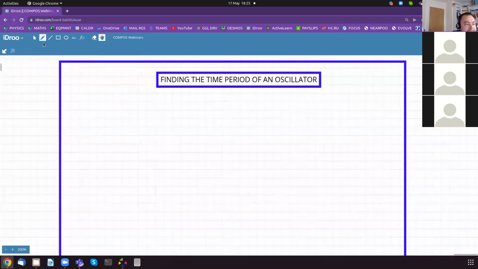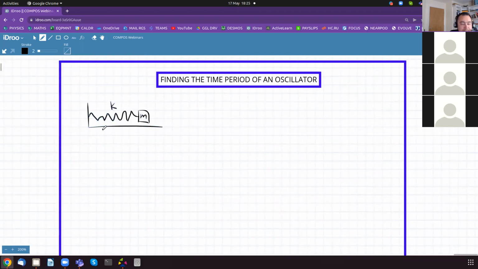Let's say you have a spring, a mass on a spring. The mass is m, the spring constant is k. If you displace the mass by x to the right, this is the equilibrium position, 0, and this is x.